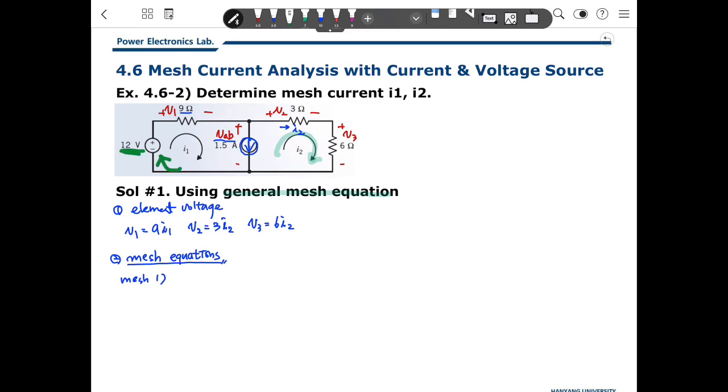At first I meet minus 12, and I meet plus V1. So plus V1. And I meet plus VAB. So plus VAB. And I meet the starting point. So that will be 0.